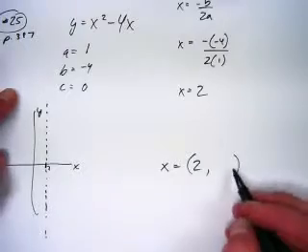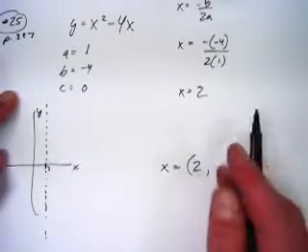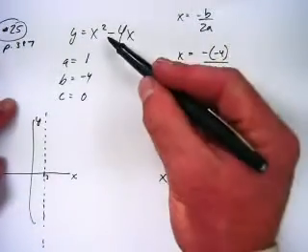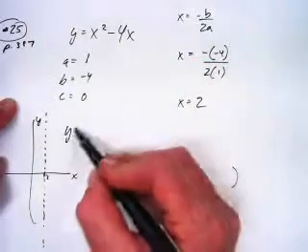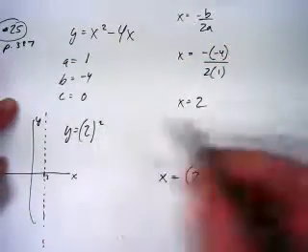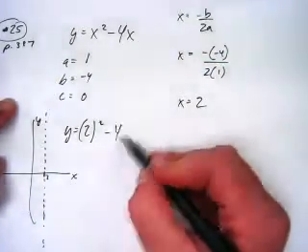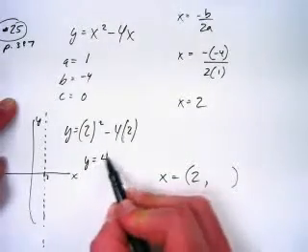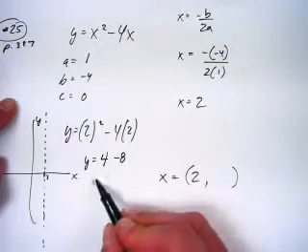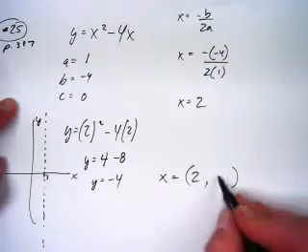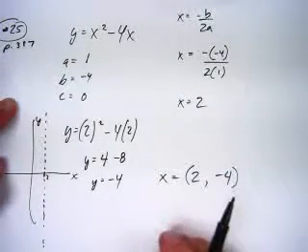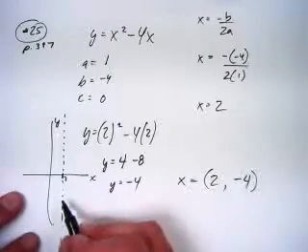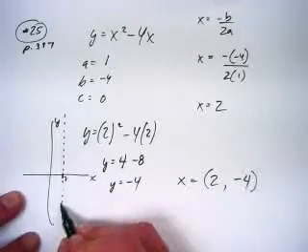Now we have to find the y-coordinate of our vertex. What we do there is plug 2 back into our original equation. So we get y equals 2 squared minus 4 times 2. So y equals 4 minus 8. y equals negative 4. That's our vertex there, at 2, negative 4.